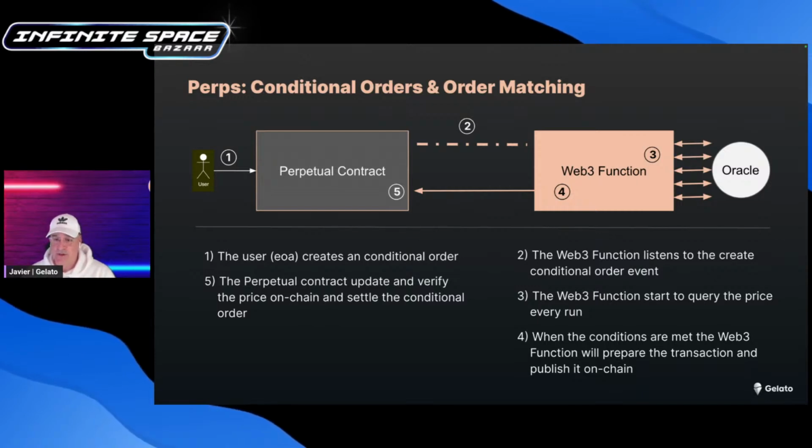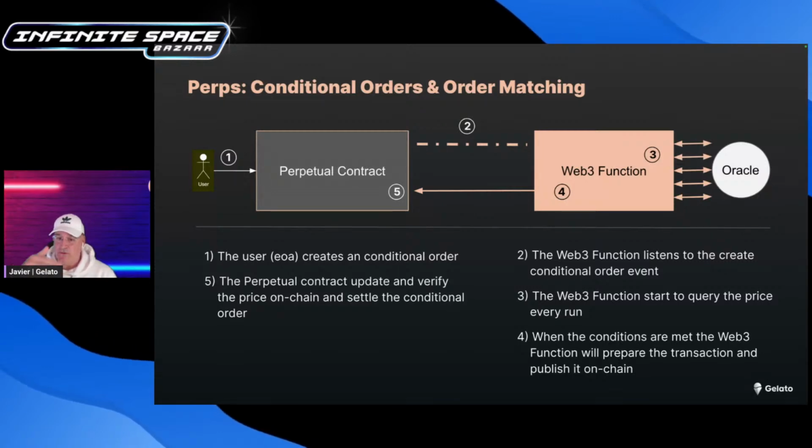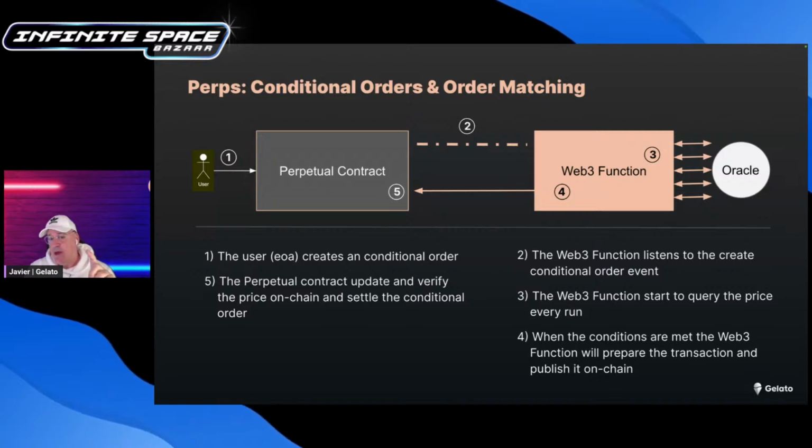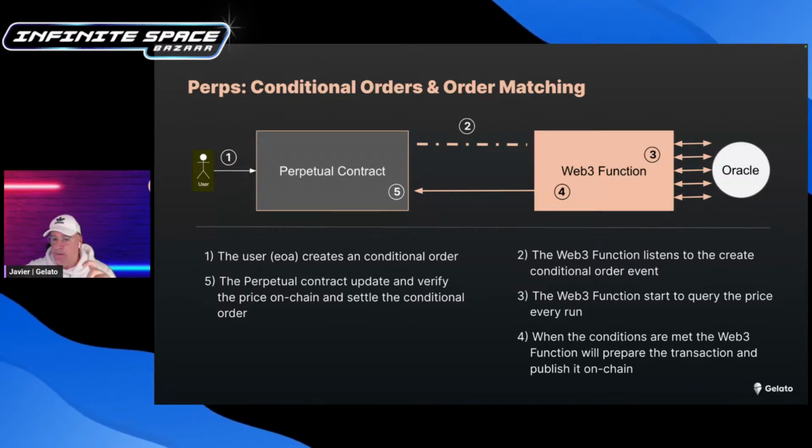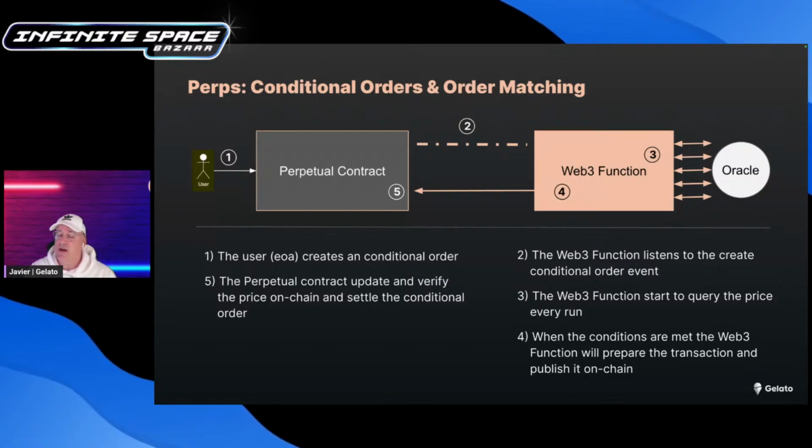Now we're going to use the storage, and every 5 seconds it's going to check all of these orders. We will create an array, and each time it checks whether we receive a price from the Pyth network and whether the price makes the conditional order execute or not.